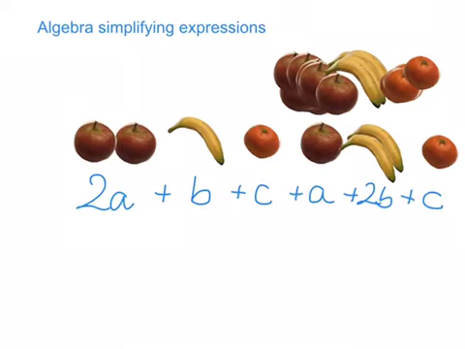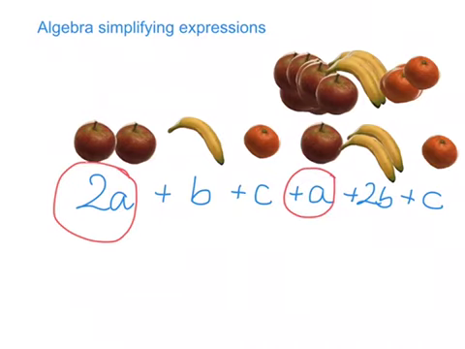So what I can do is I can think about grouping what we call the like terms, collecting the like terms together. So that means collecting together the things that are the same. Now, I've got here 2A representing those 2 apples, and this A here representing the cost of that apple.